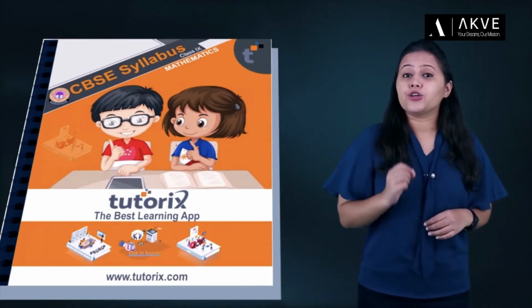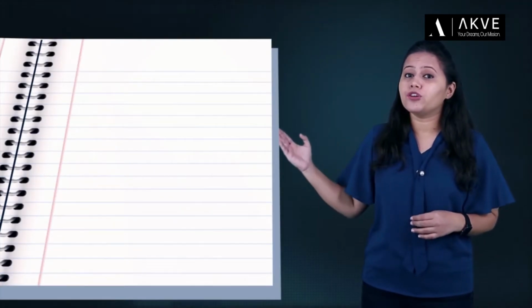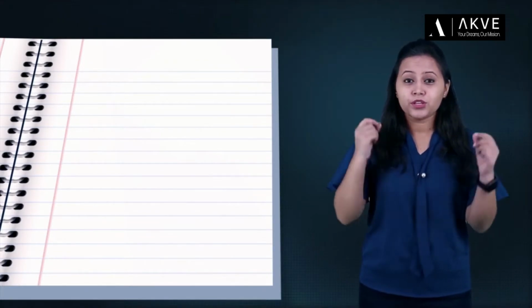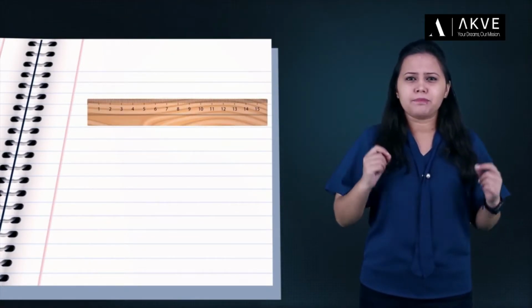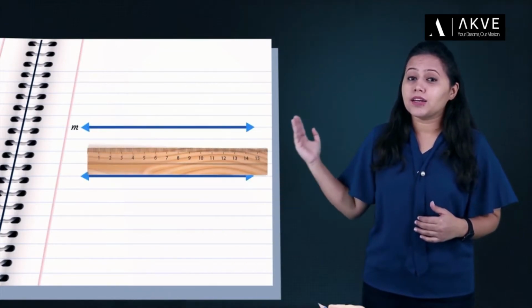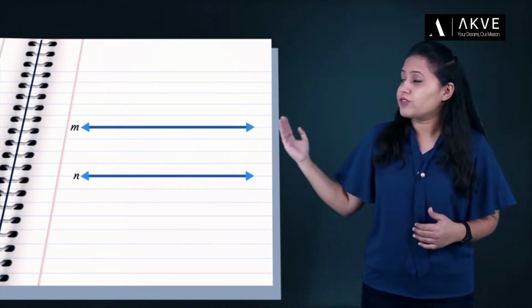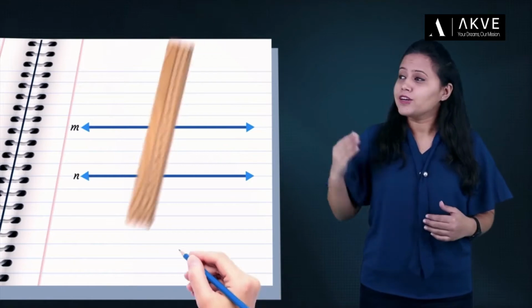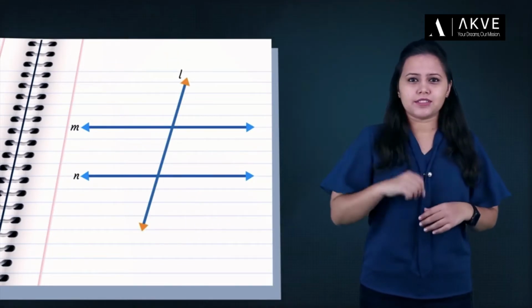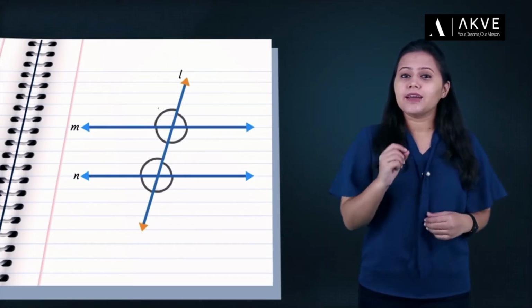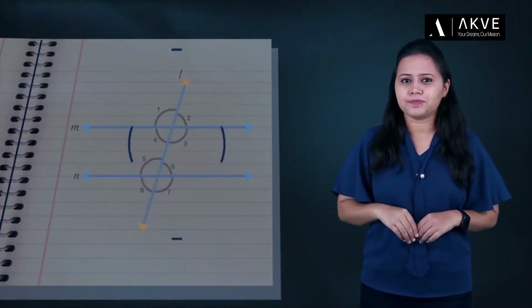So firstly, draw 2 parallel lines. You know that the ruled lines of your notebook are parallel to each other. So, with a ruler and a pencil, draw 2 parallel lines along any 2 of these lines. And then, draw a transversal to intersect them. Then, name the angles like this.